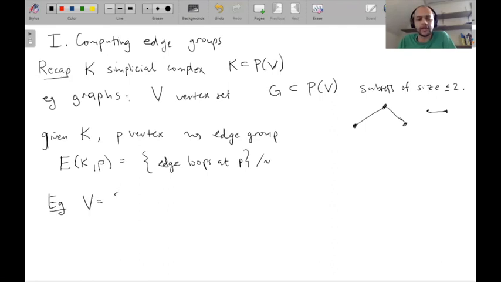let's take K, well, okay, I'll write this all out. K is the power set of V minus the empty set.